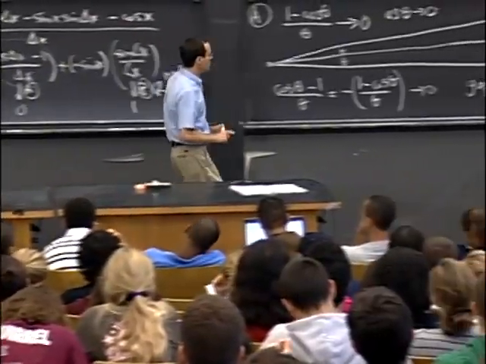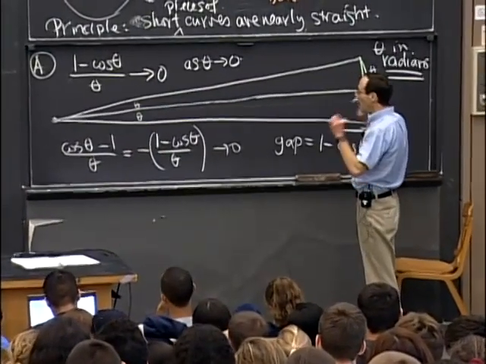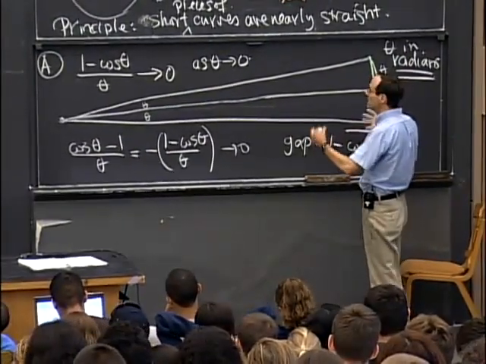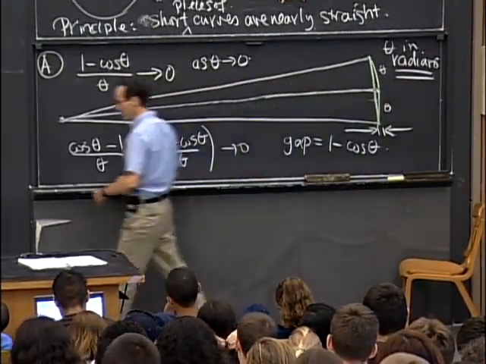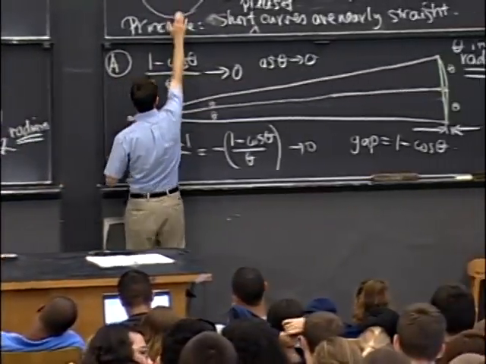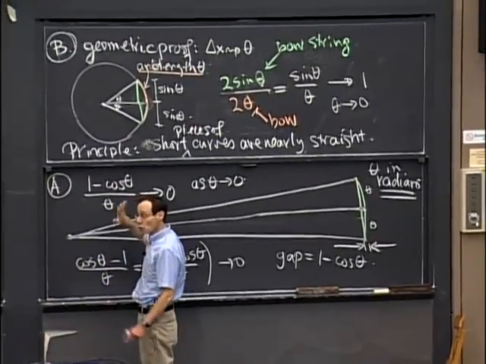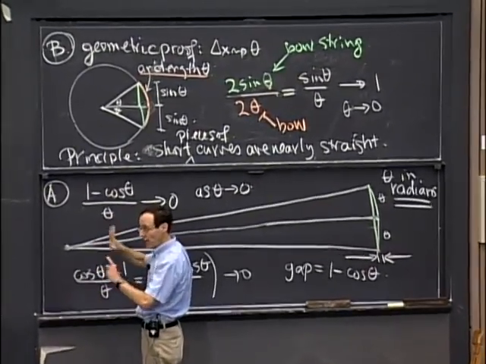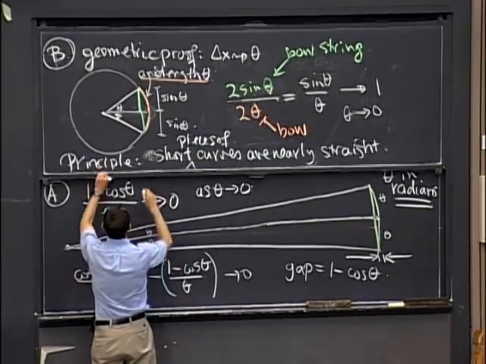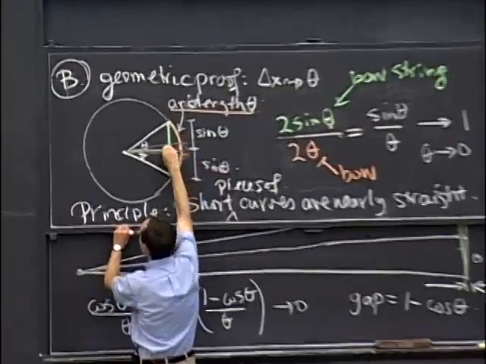Okay, so the second question is, why is this crazy length here 1? And the reason is that the relationship between this picture up here and this picture down here is that I'm drawing a different shape. Namely, what I'm really imagining here is a much, much smaller theta, okay?